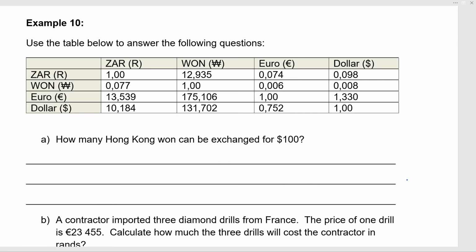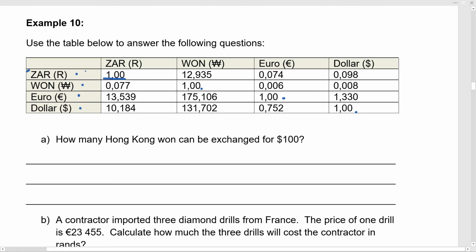Working with a table is quite tricky, and I just want to talk a little bit about what this table means. Here I've got South African rands. Here I've got won, which is the Korean currency, the euro used in the European Union, and then the dollar. Obviously, if I change rands to rands, it's just going to be 1, and that's why there's a 1 at each of these places, because that would be 1 to 1, euro to euro, and dollar to dollar.